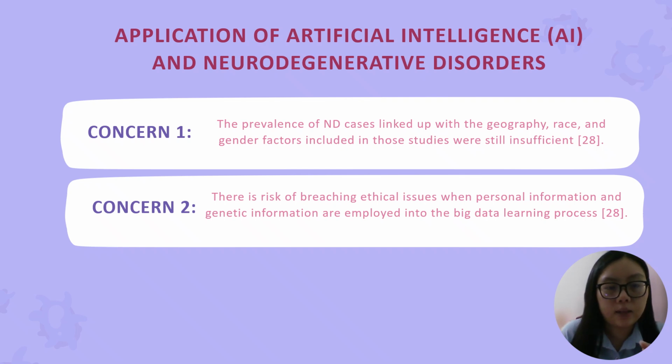Inconsistent data or sample collections, processing, and analysis cause AI to be yet to be considered as a promising quality tool. Not only that, there is risk of breaching ethical issues when personal information and genetic information were employed into the big data learning process.